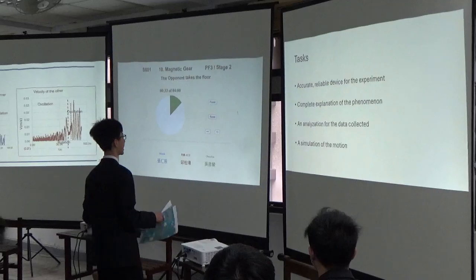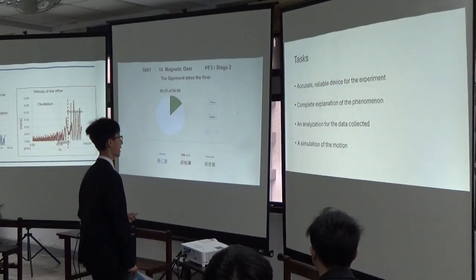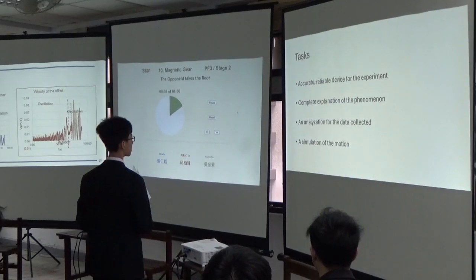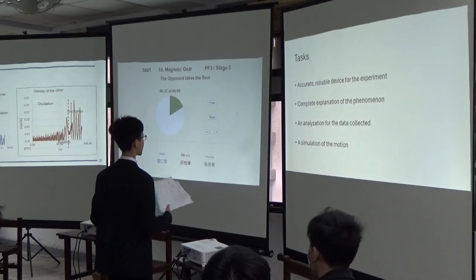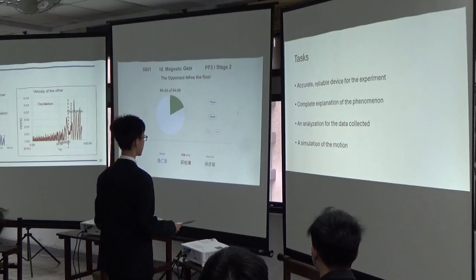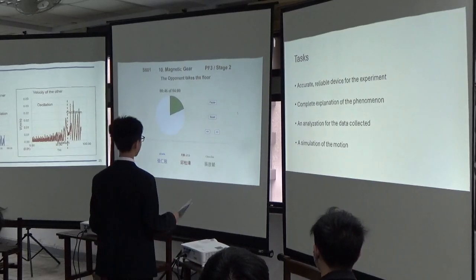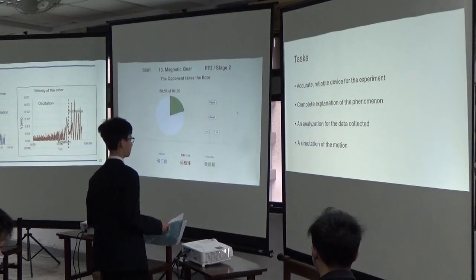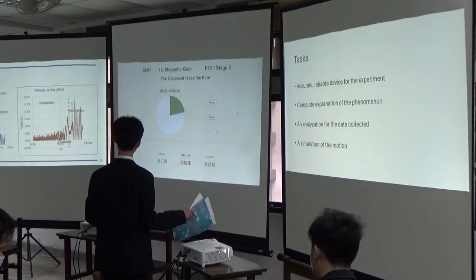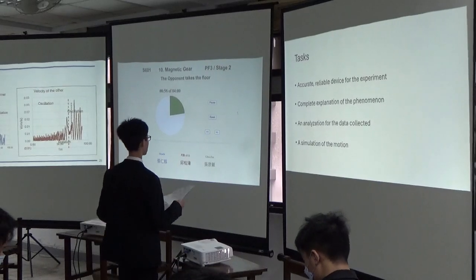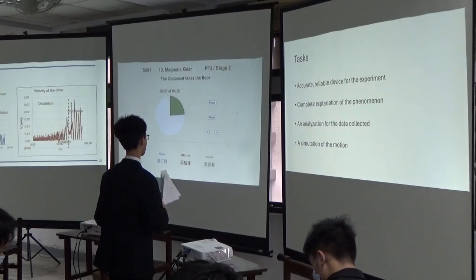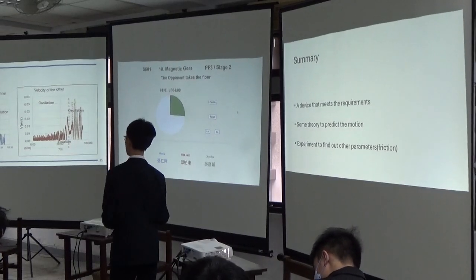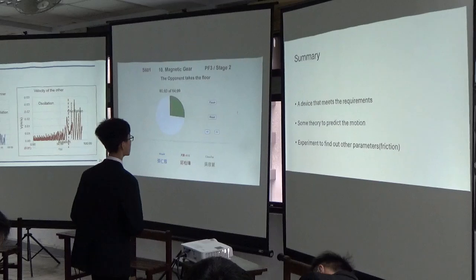The task of this problem is to do an experiment, an accurate, reliable device, and a complete explanation of this phenomenon. You need to analyze, and the simulation of motion should be considered if you want to make sure your model is great. And this is the summary of the report.